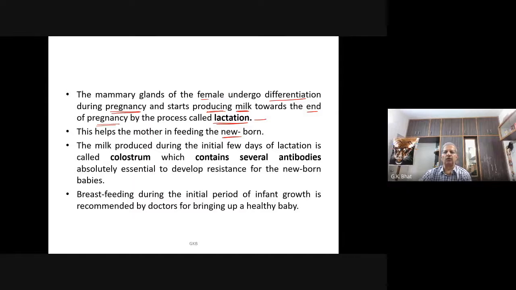The milk produced during the initial few days of lactation, that means soon after the birth of the baby, is called colostrum. You might have seen this colostrum, the milk, is somewhat yellowish in color in case of cattle.